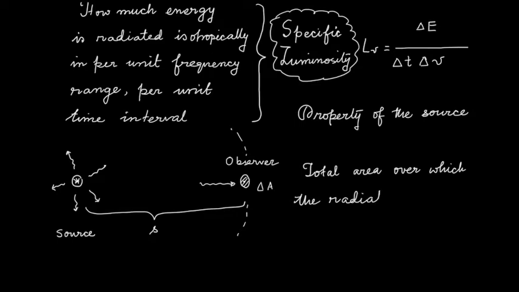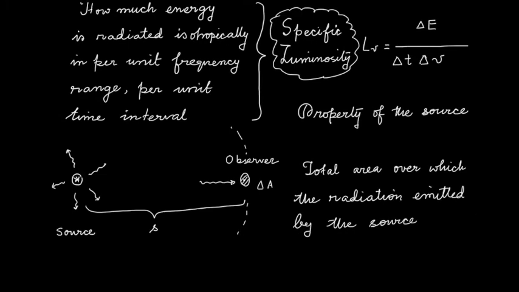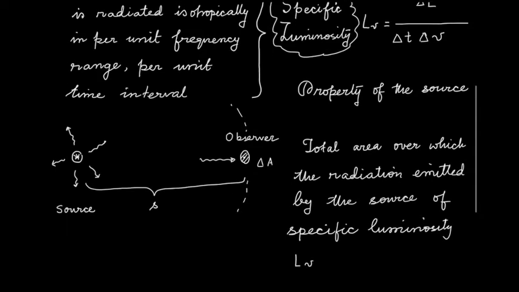So the total area over which the radiation is emitted by the source, and what is the property of the radiation of the source? Well, luminosity, specific luminosity, right? Emitted by the source of specific luminosity L nu.